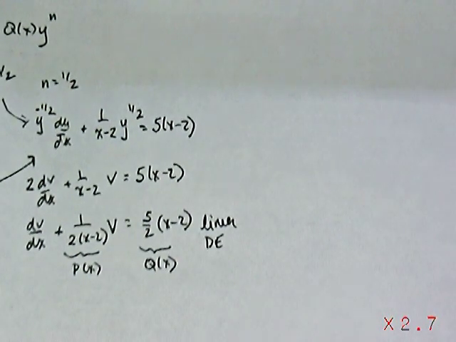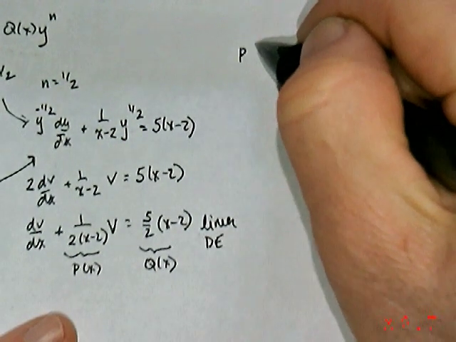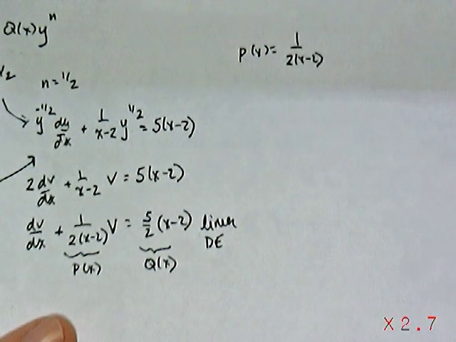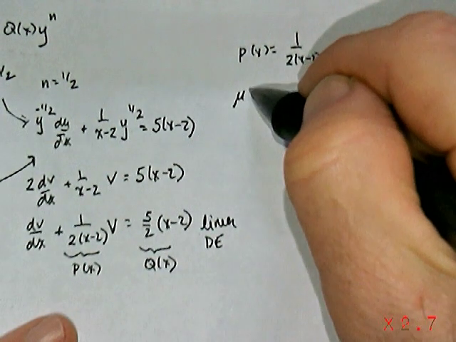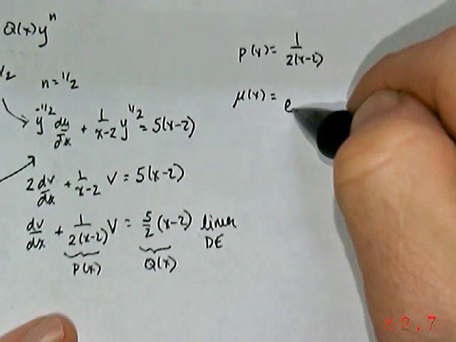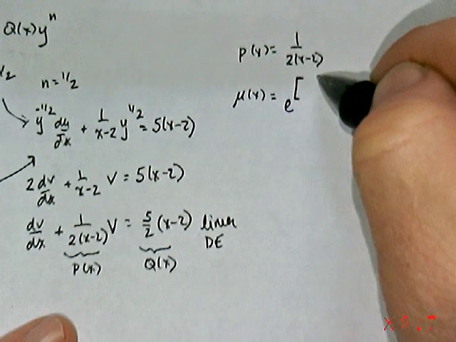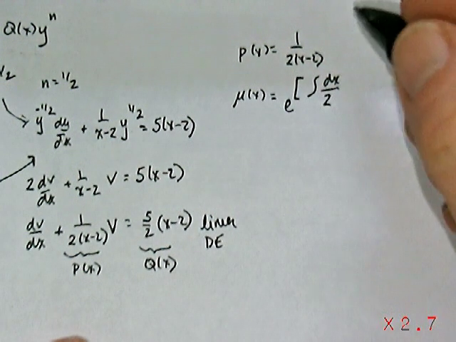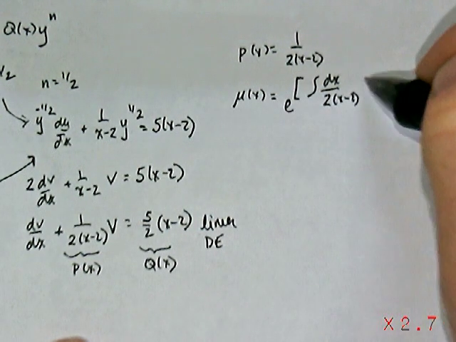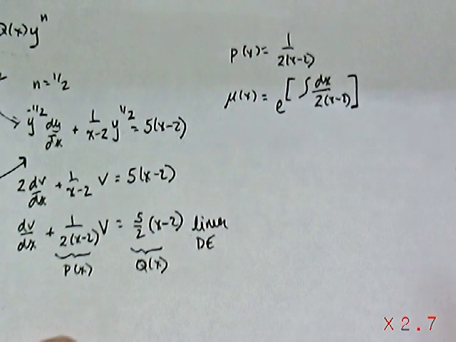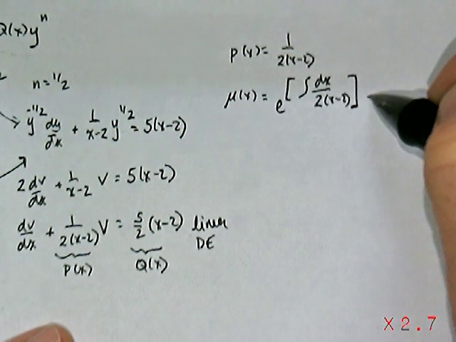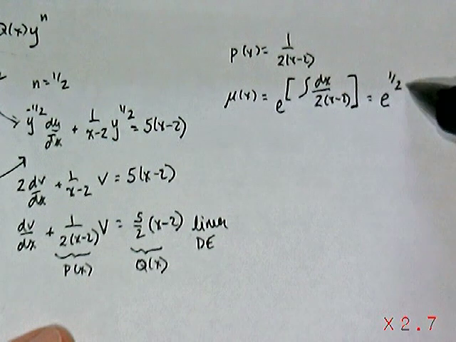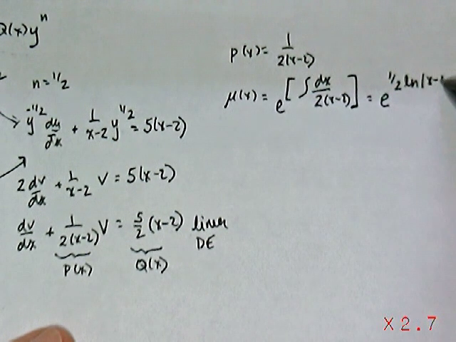So what we'll do is use the fact that p of x in this case is 1 over 2 times x minus 2, which means that mu of x, our integrating factor, is e to the power of the integral dx over the quantity 2 times x minus 2. Taking that integral, we get e to the 1/2 times ln of the absolute value of x minus 2.